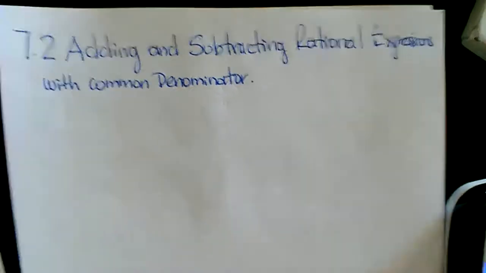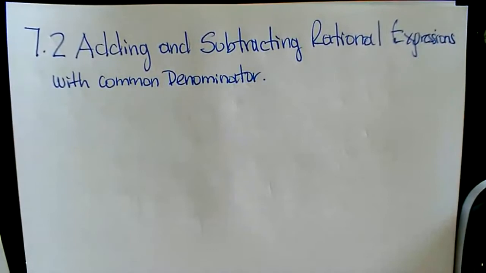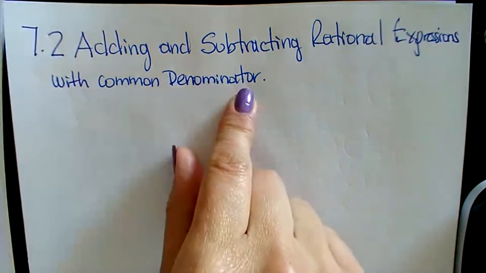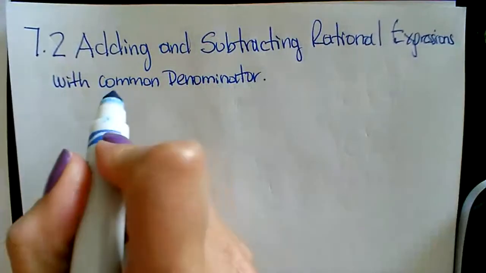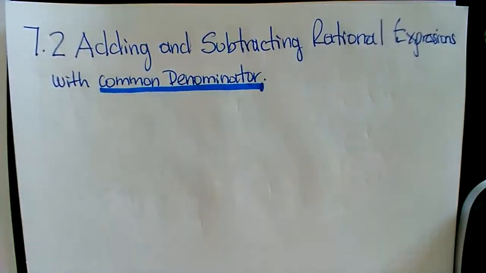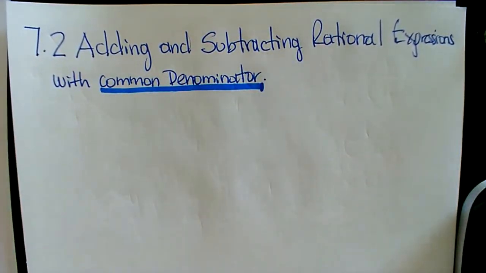All right, so we are going to start with lesson 7.2, adding and subtracting rational expressions with common denominator, right? One thing that we have to remember about adding and subtracting rational expressions is that if they have the same denominator, we keep that common denominator and combine the numerators.